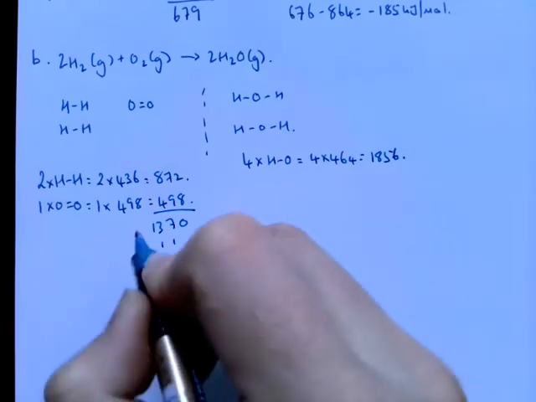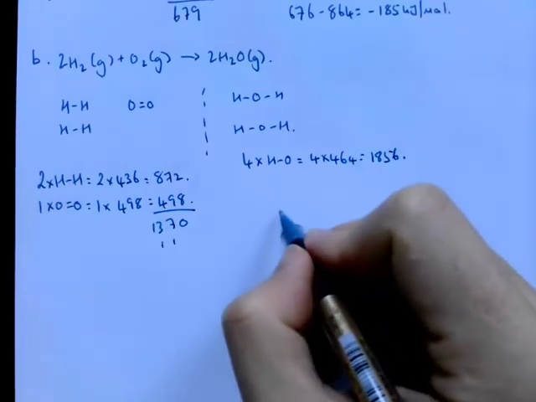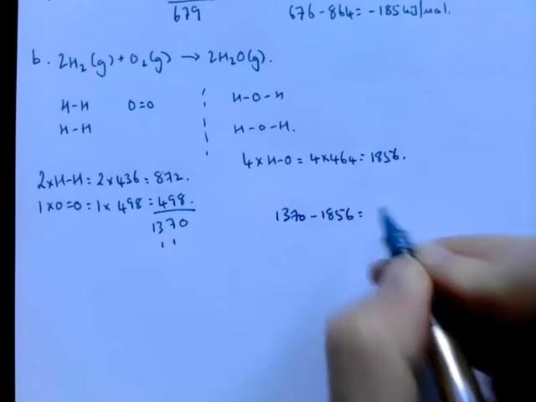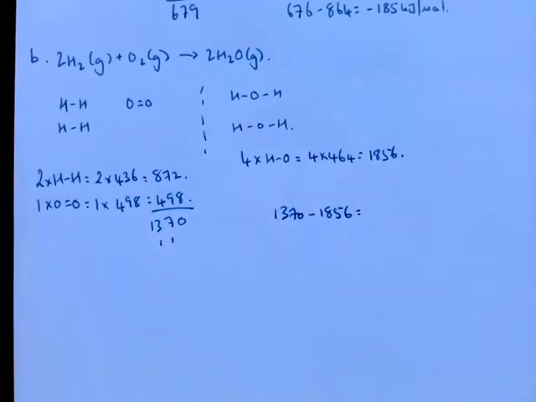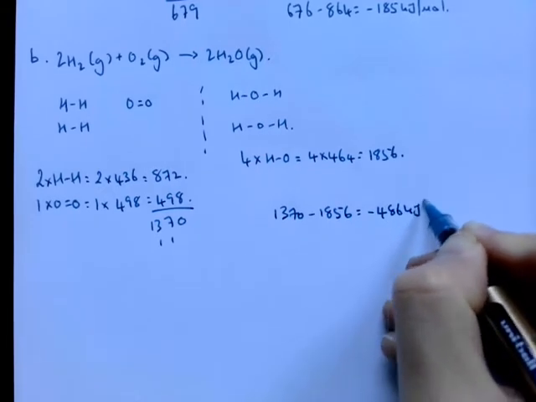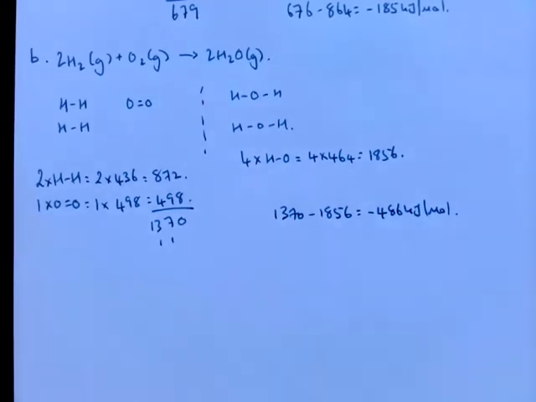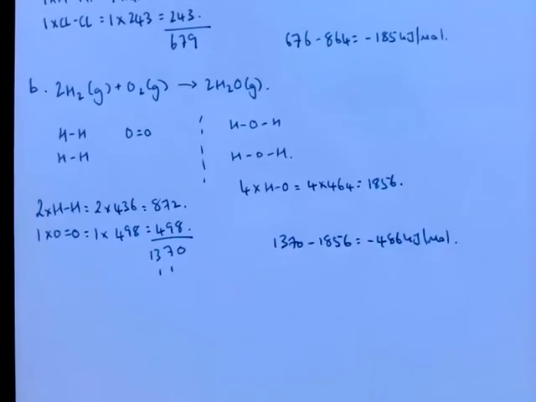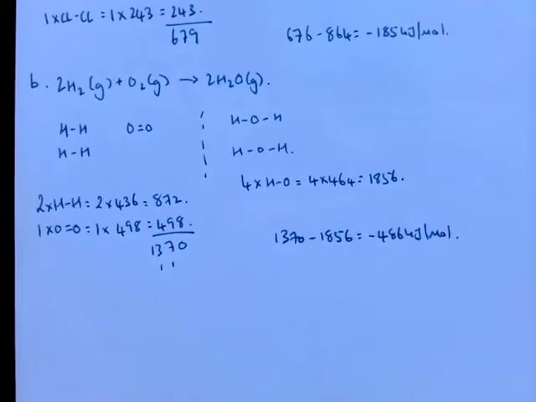And then I do this number minus this number, 1370 minus 1856, and I get minus 486 kilojoules per mole. Again, exothermic, larger, more energy released than the last one. But yeah, so both of those quite straightforward.